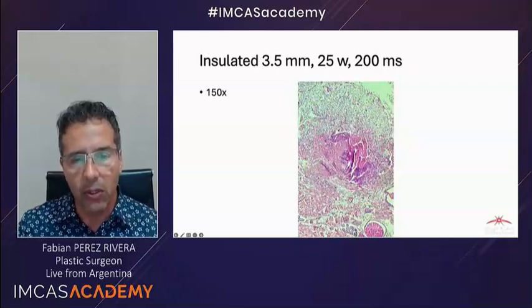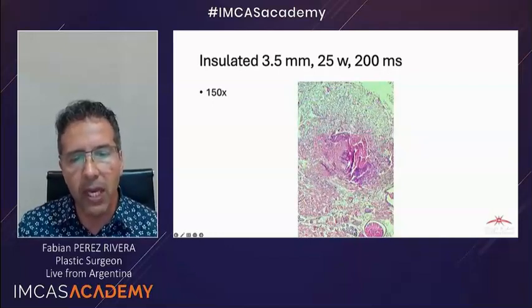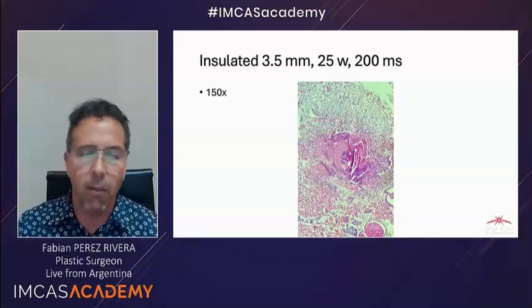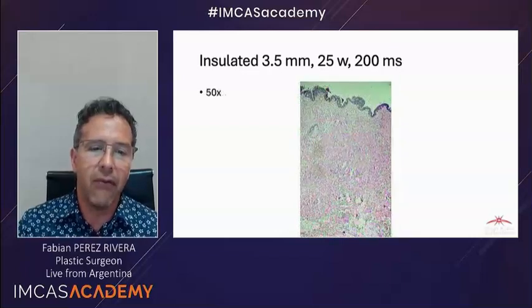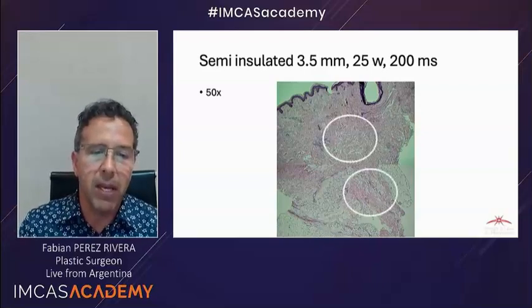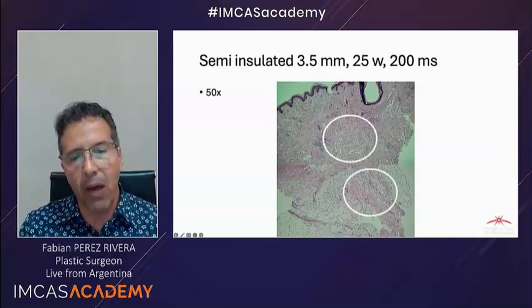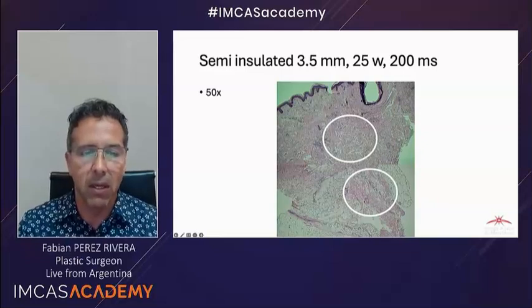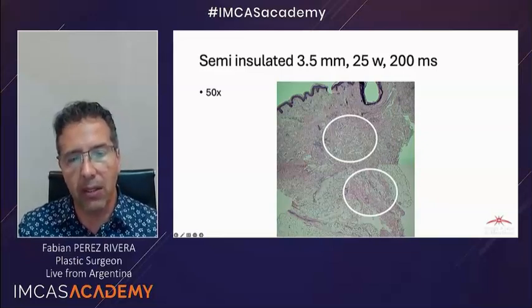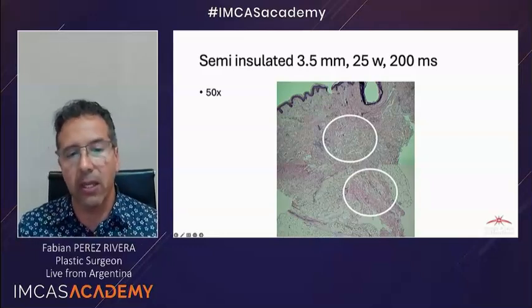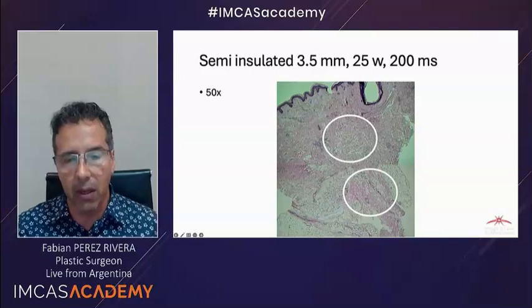Again, a close view to measure well the great volume of heat that I leave in my patient with this kind of microneedle. And finally, the semi-insulated microneedle typical view is without lesion, with heat and lesion, without lesion, and again the photocoagulation in the same patient, because I use this kind of insulated, non-insulated, insulated, non-insulated microneedle.